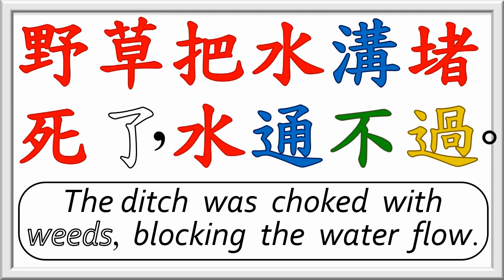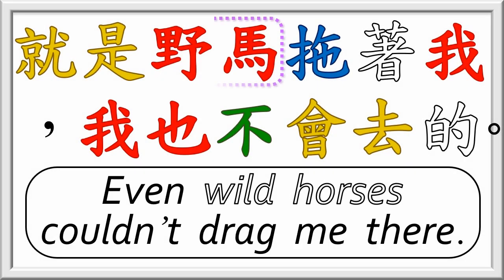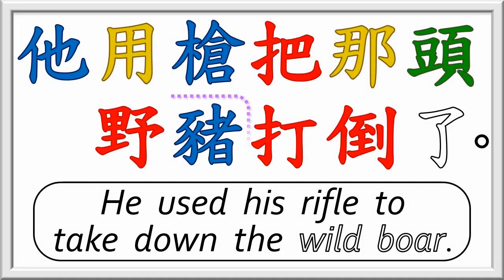野草把水沟堵死了，水通不过. The ditch was choked with weeds, blocking the water flow. 就是野马拖着我，我也不会去的. Even wild horses couldn't drag me there. This sounds suspiciously like a translation of the English phrase. 他用枪把那头野猪打倒了.